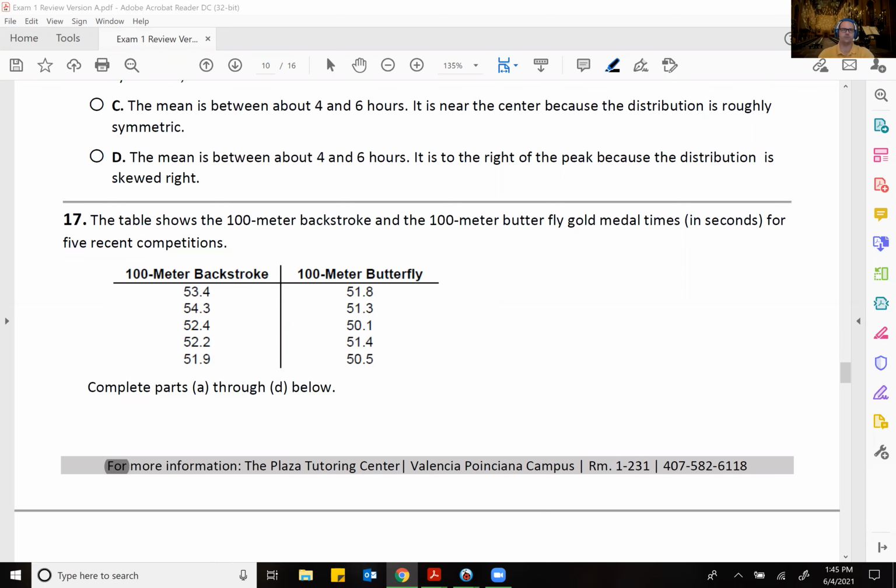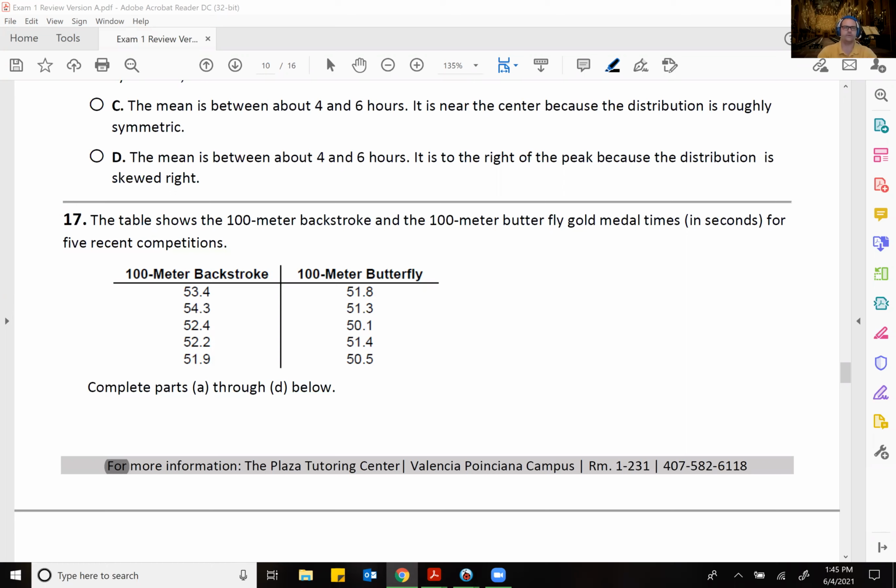Give me just a moment to do that. Delete out my old data. So I'm going to call this back, and this one butter. 53.4, 54.3, 52.4, 52.2, and 51.9.